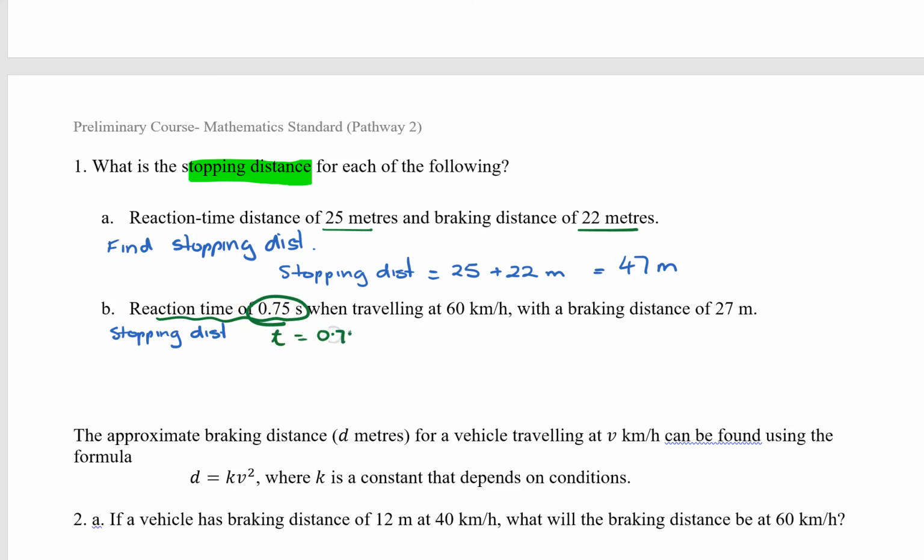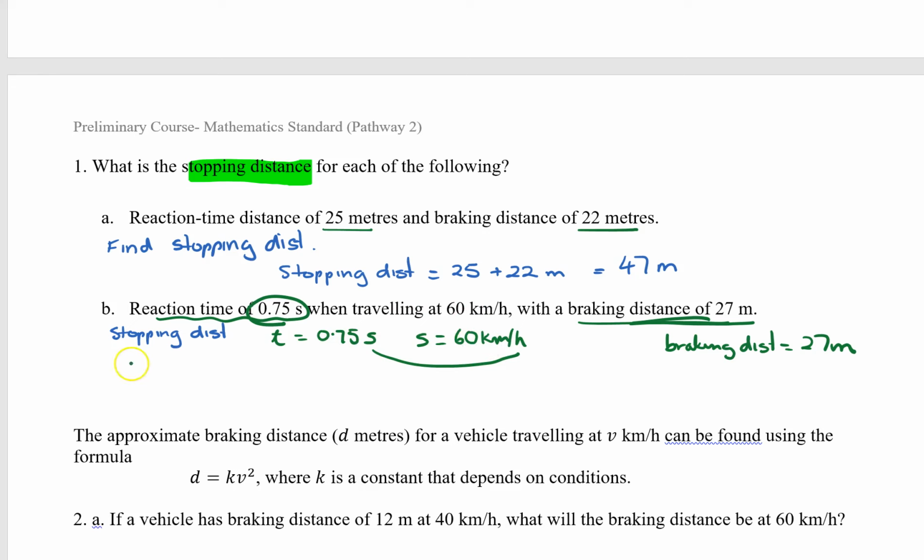Time is equal to 0.75 seconds, and the speed is 60 kilometres per hour. Seconds, hours, that's a problem. However, they've made it easier here. The braking distance is 27 metres. I don't have to do any calculation with that. But with the reaction distance, I've got a lot of calculating to do.